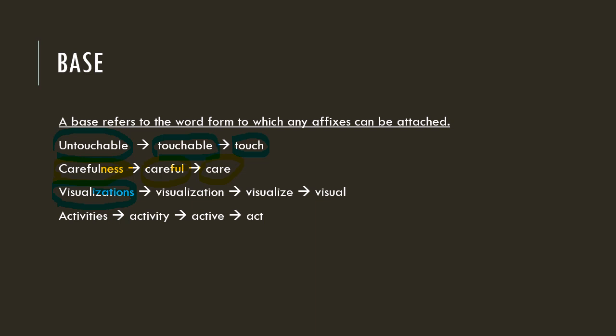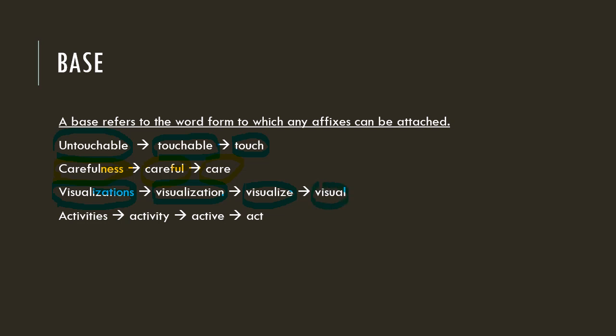So the base of the word visualizations is visualization without S. Okay, so in here you remove the plural inflection. Then what is the base of visualization? That is visualize, and the base of the word visualize is visual.